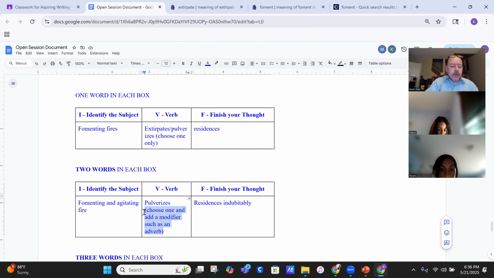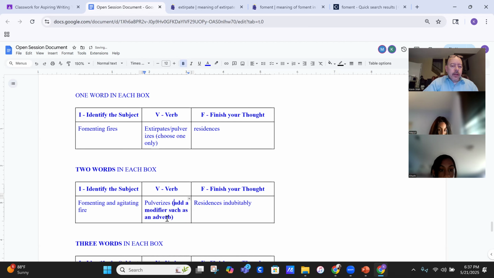You chose your word, but now you want to choose one and add a modifier. So you want an adverb over here, perhaps. Can I get rid of X? You want me to get rid of this one up here for you? If you want. Okay.